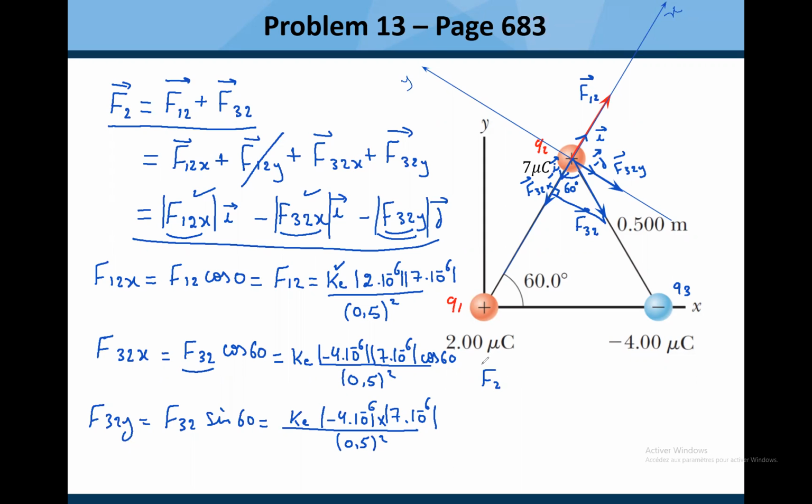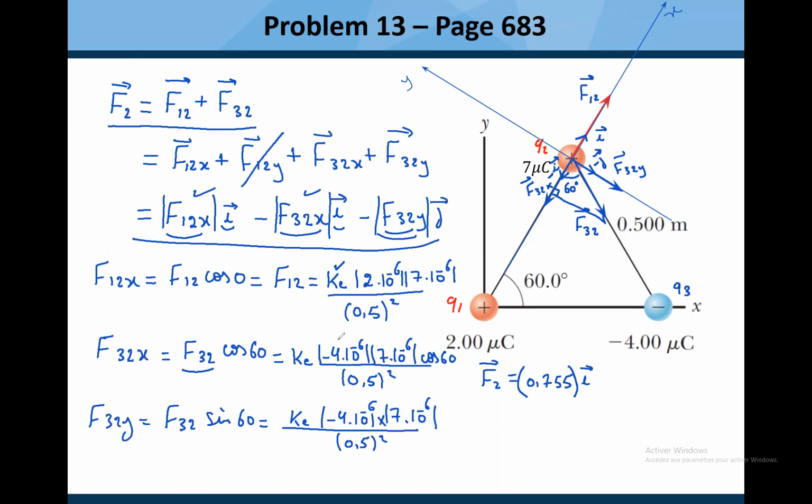For F2, we can take a common i. I will do the calculation here and give you the answer: 0.755 i.